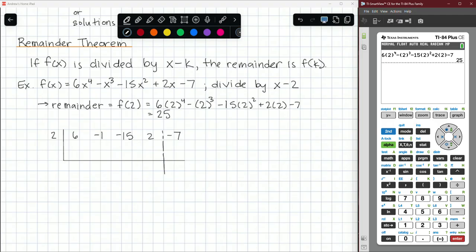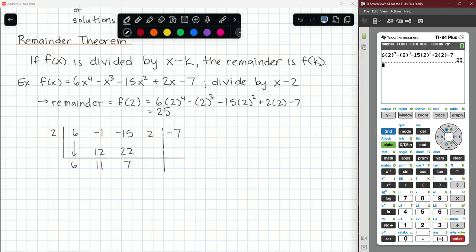So I start by bringing down the 6, and then I multiply, write the result here, and add down. So 2 times 6 is 12, -1 plus 12 is 11, 2 times 11 is 22, -15 plus 22 is 7, 2 times 7 is 14, 2 plus 14 is 16, and 2 times 16 is 32, and -7 plus 32 is 25.